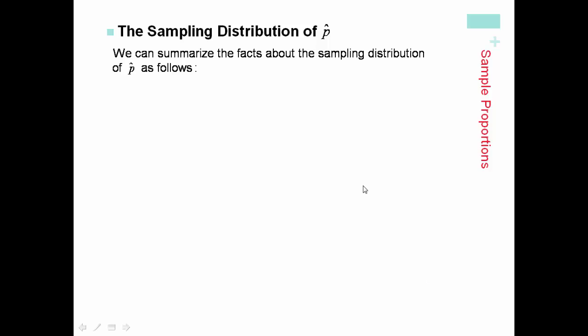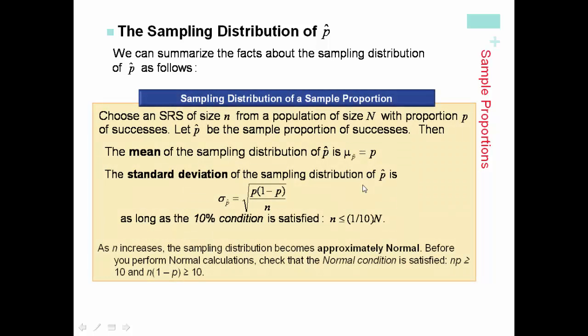We can summarize the facts about the sampling distribution of p hat as follows. Choosing a simple random sample of size n from a population of size capital N with proportion p of successes, let p hat be the sample proportion of successes. Then, the mean of the sampling distribution of p hat is mu of p hat, which equals p, the parameter.